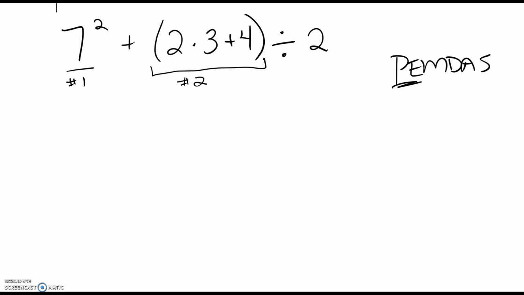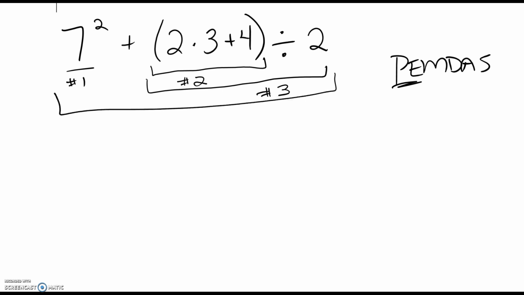And then next I have division. So I'm going to deal with that third. And then addition or subtraction is my last thing. I'm going to deal with that fourth. So then I would rewrite this. Number 1, whatever 7 squared is.